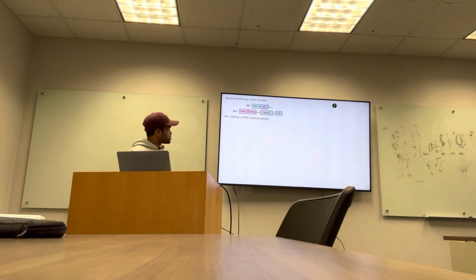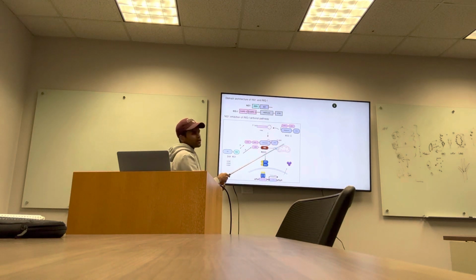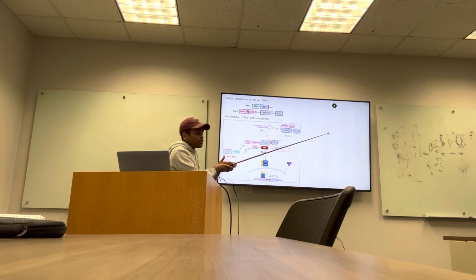Now let's see a schematic of how NS1 inhibits the RIG-I pathway. As I mentioned, RIG-I in the uninfected cell is in an autoinhibitory state where its CARD domains are masked by the helicase.